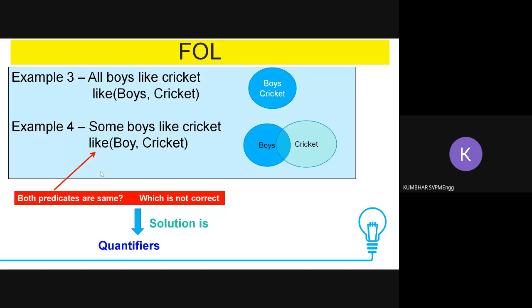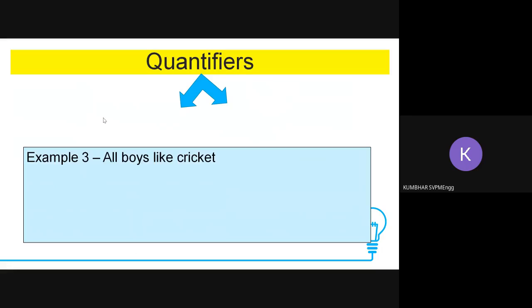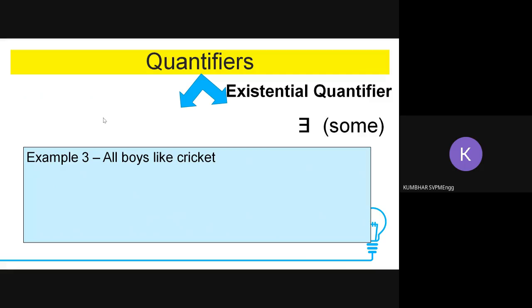Quantifiers are the solution, so that all and some are not represented the same way. These two should not be the same. That's why we find the solution, and that is the quantifier. Let's talk about what the quantifiers are. Two quantifiers are there. When I say all boys like cricket, the first quantifier is the universal quantifier, which has this upside-down A as its notation.